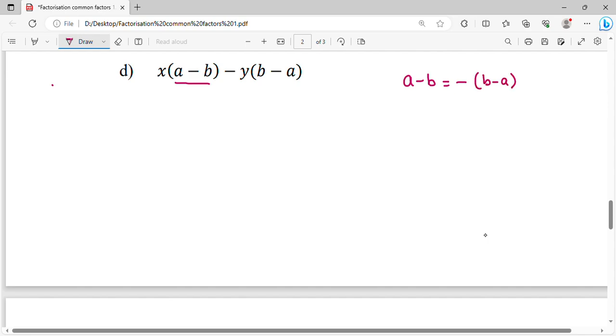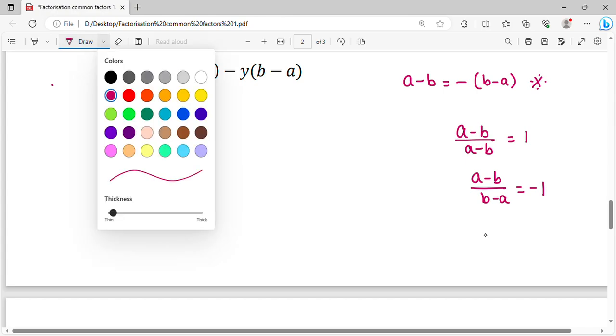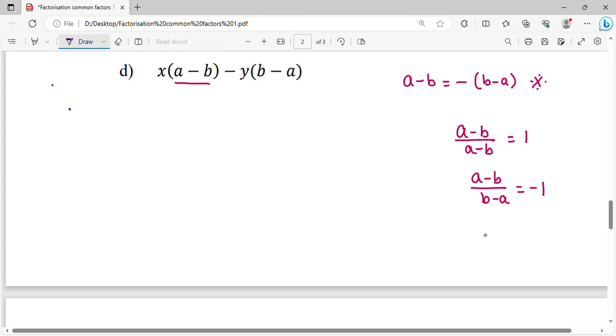This is a very important concept you have to note while factorizing, and this will help you also in simplification. Suppose you have (a minus b) by (a minus b), you could cancel it and it becomes 1, whereas (a minus b) by (b minus a) would be negative 1. Alright, so keeping note of that, let's simplify this further.